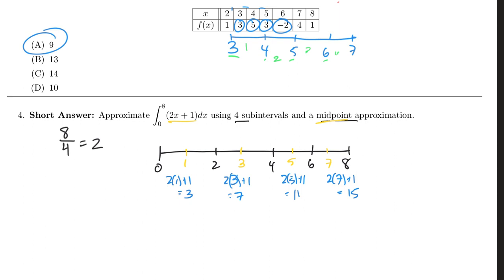So for each individual rectangle, I multiply by 2: 6, 14, 22, 30. These are the areas of each individual rectangle. And then I just add them all together to get 72 as my final answer. So taking these rectangles, the height times the width gives me what's in green.